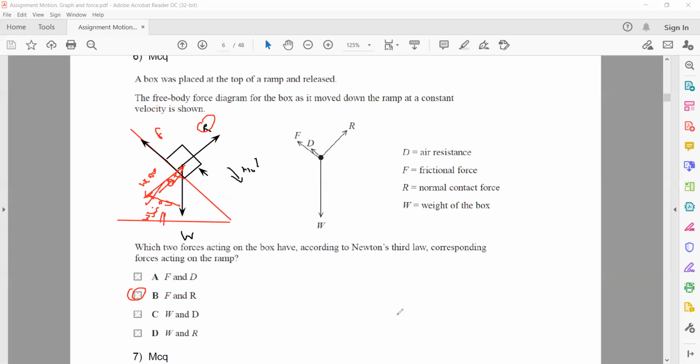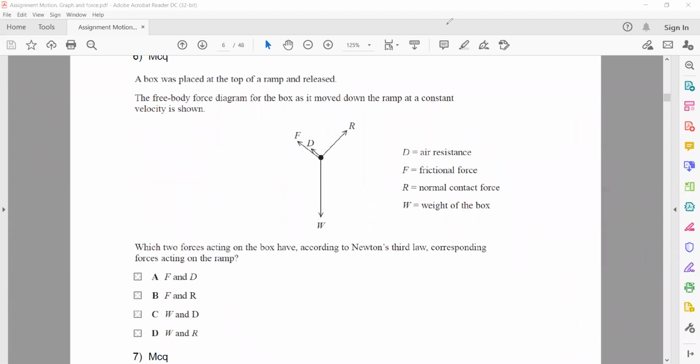And what is the Newton pair force for the weight? That is the force of the box on the earth. So the box is applying force on the earth, and that will be the Newton pair force for that weight.